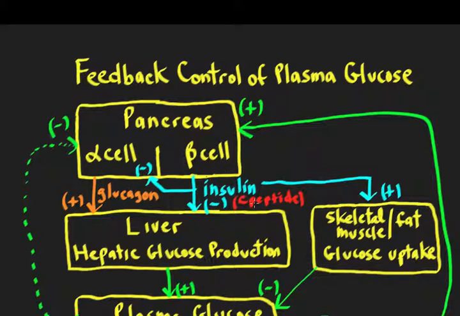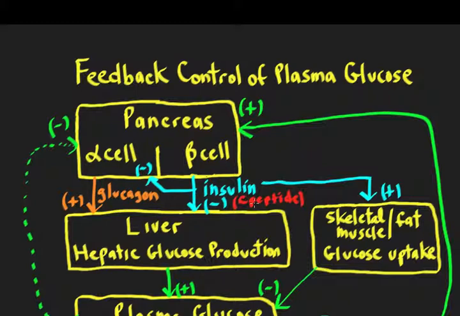So if we were to measure C-peptide in the blood, that would tell us about endogenous insulin secretion. If we measured insulin in someone's blood and it was high, we really wouldn't know if it was someone injecting insulin or it was coming from their own pancreatic beta cell.